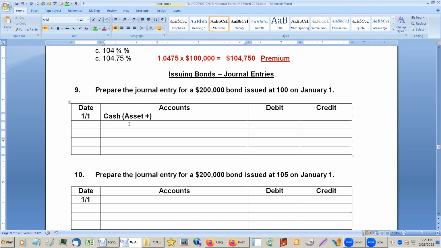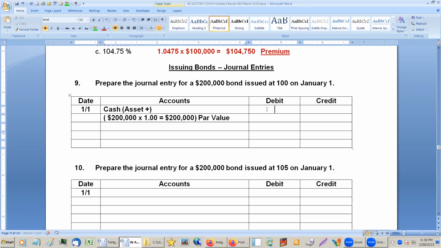And we're going to take, no, not 100,000, 200,000. 200,000 times 100% is just 1.0. I know you're probably looking at this thing, do we really have to do that? No, you really don't. But if it's sold at one, this is selling at par value. It's probably pretty rare, at least for publicly traded companies. So it'll just be 200,000.